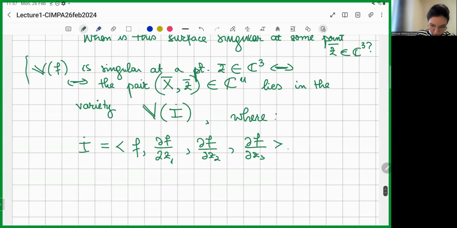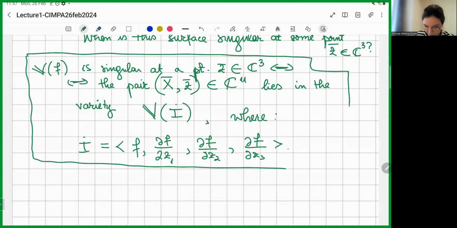So this is a part. We are almost ready to get to an answer. So when are we interested, when does there exist some z in C^3 such that the surface is singular?